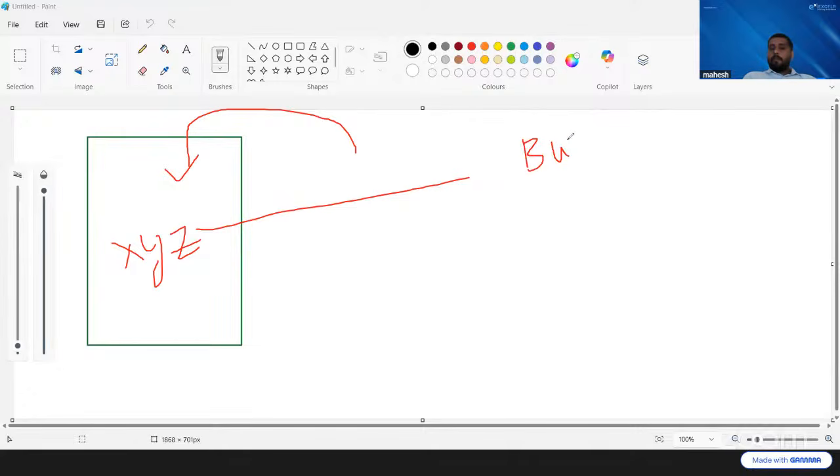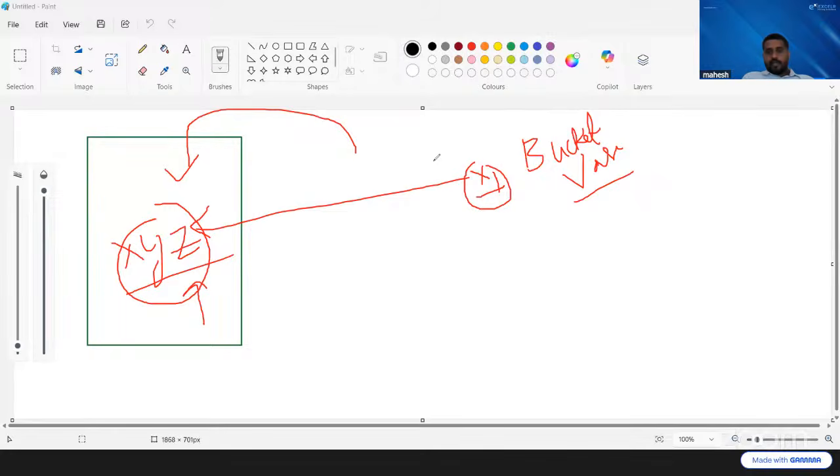Now, we have a concept called bucket versioning. What exactly is this bucket versioning? Bucket versioning is nothing but this: when I store the data inside the S3 bucket, the object may undergo multiple changes. For example, now I have accessed this object at x1 time and I have changed the properties of this object. Second time also I am trying to access it at x2 time. Okay, I have changed these properties.